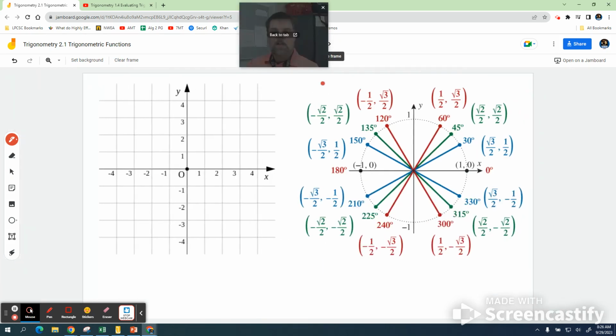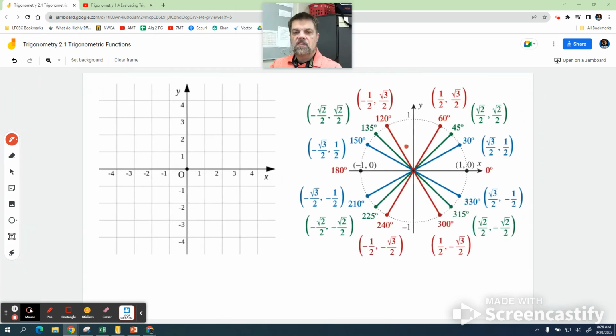Okay. So here is the basic rundown. What we're going to do is use angles in the xy plane. So I'll have an angle like this.